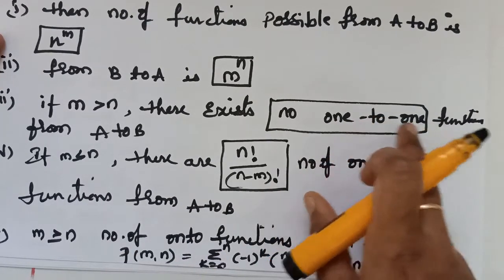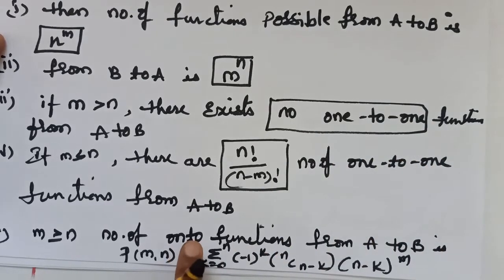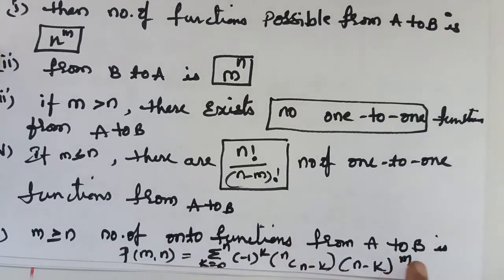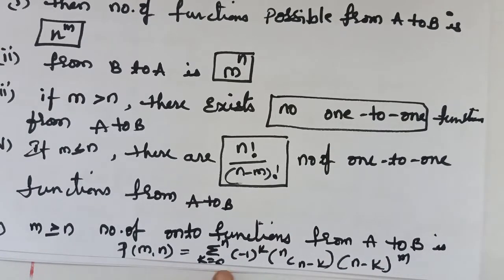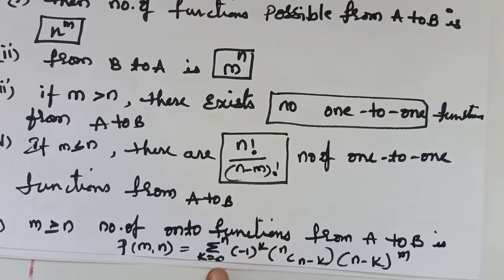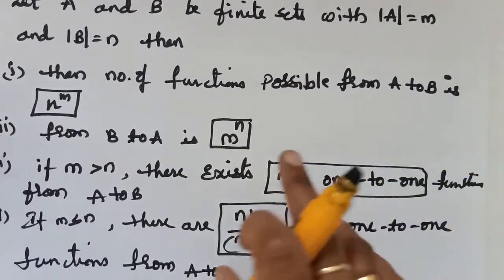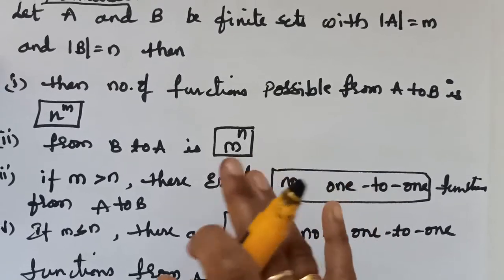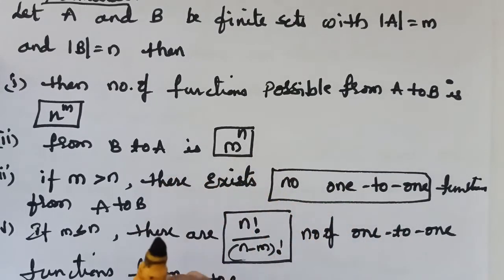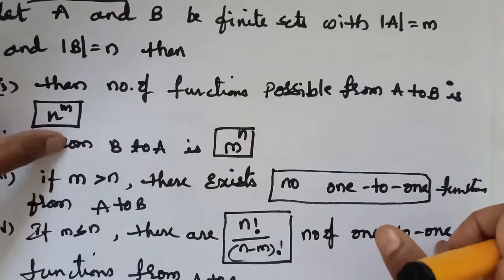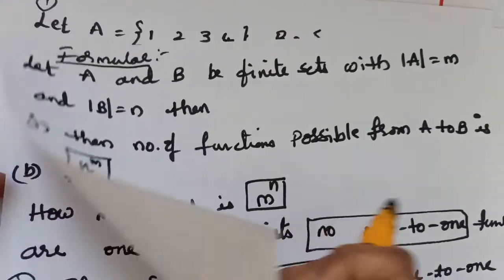Till now we discussed one-to-one functions, and now it is onto functions. The number of onto functions from A to B is P(M, N) equal to the summation for K equal to 0 to N minus 1 of (minus 1) power K times N C (N minus K) times (N minus K) power M. So these are the formulae to find, given two finite sets with M and N elements, the number of one-to-one functions and onto functions from A to B. Let us discuss some problems based on these.